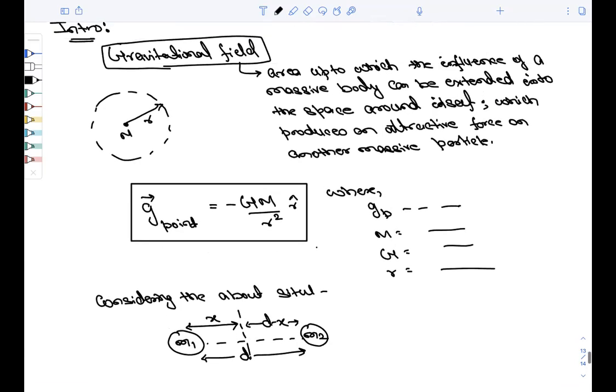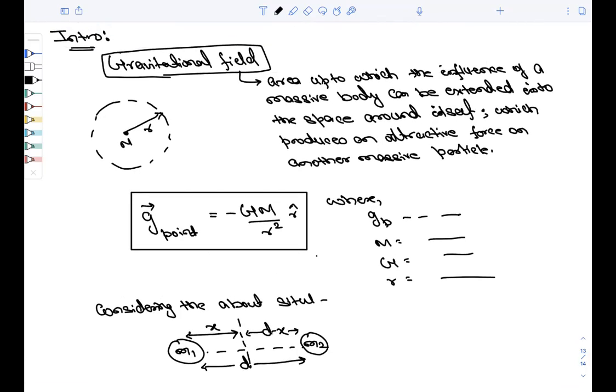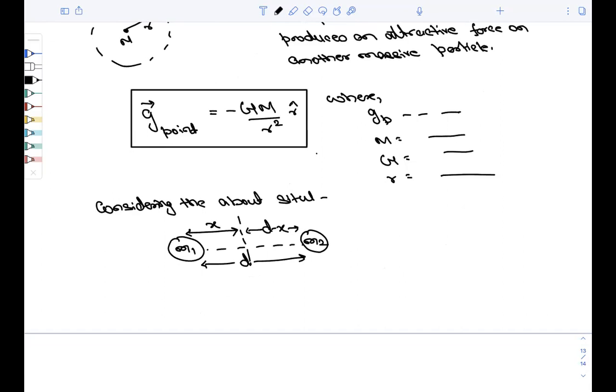Now understand one thing, the gravitational field of a particle is the property of that particle. It will not alter due to the other charge placed. Conceptually, just understand, no need to write: at this point, if we talk about the gravitational field due to m1, will it change due to the presence of m2? No, this g1 will not change, but due to the presence of m2, g net at this point will change.